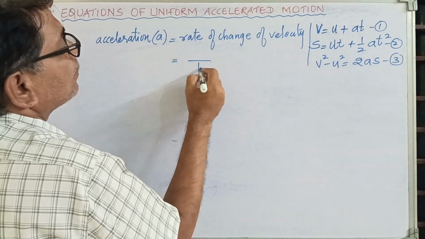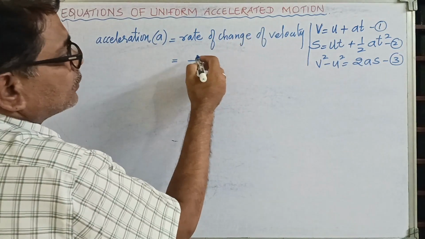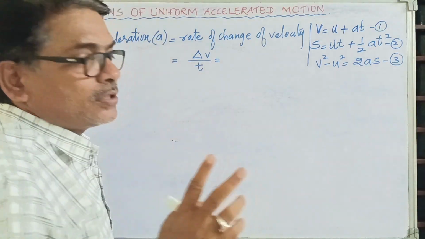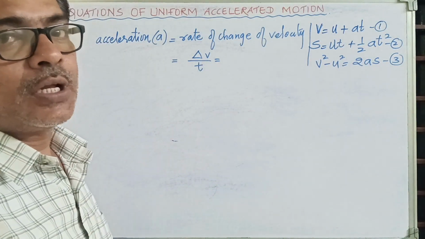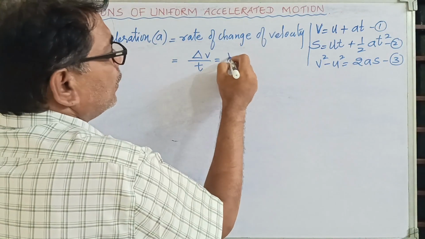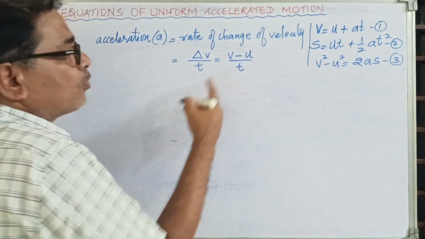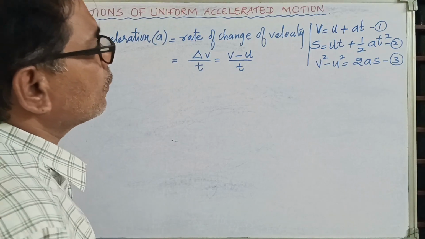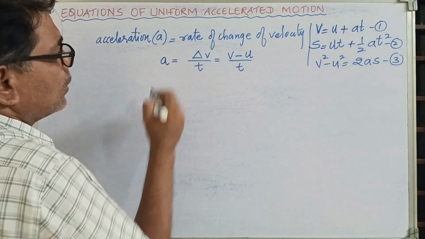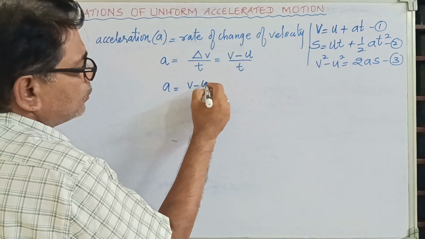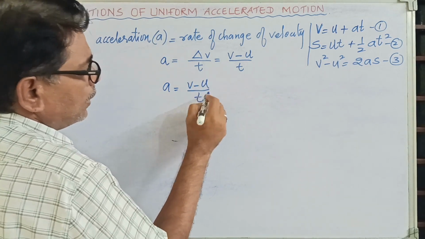Rate means per time. Change in velocity, delta v. What is the change in velocity? Velocity is of two types, initial and final. Therefore, v minus u, final minus initial, by t. This is what you mean by rate of change of velocity, and it is acceleration. Therefore, acceleration is equal to v minus u by t.